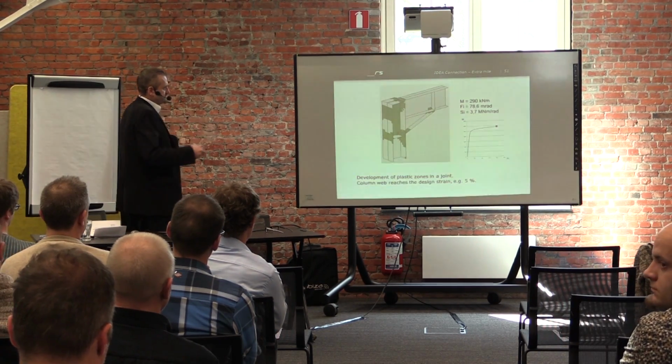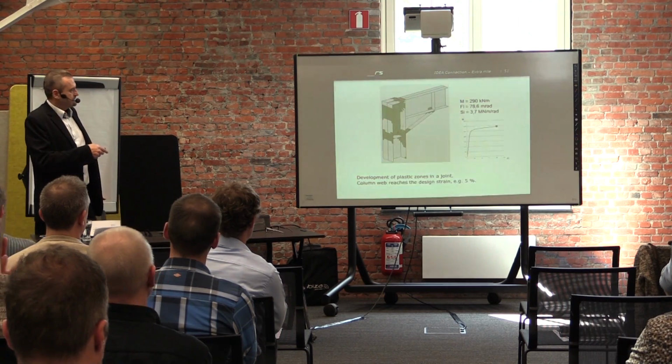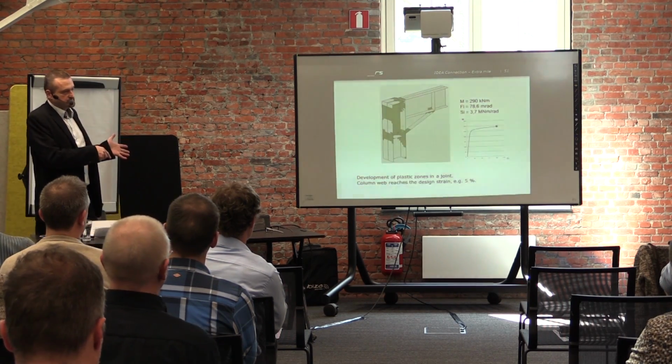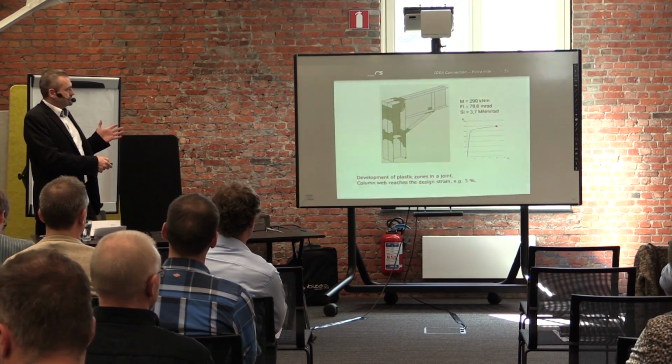We speak about these comprehensible results. This is one of them. You see what happened in the joint, and you can evaluate in fact the safety of your design. If you are here and you see this, you see where the reserve is.